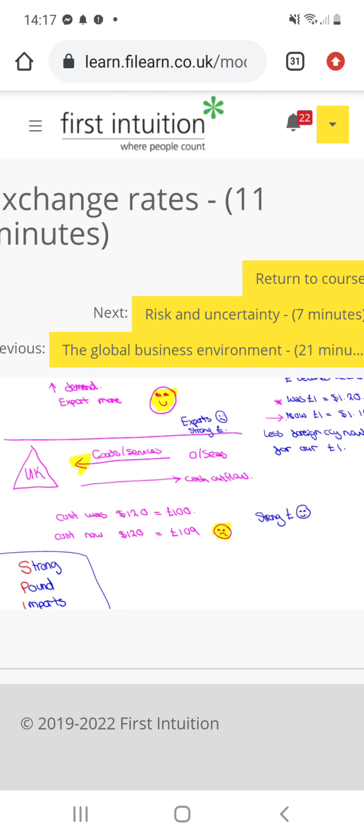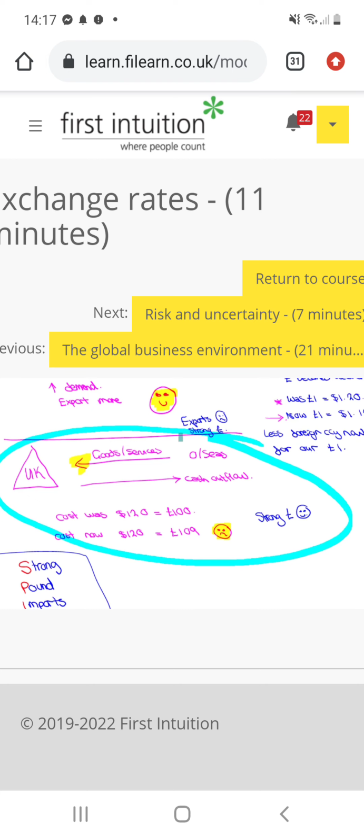We're importing in our diagram here, and we have depreciation, and we've got an unhappy face. Lower import prices would be a good thing, so it's not that one.